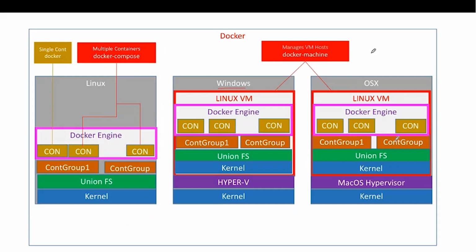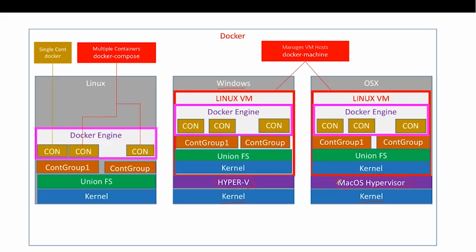Just like Linux, Windows and OS X both have a kernel, which handles all the managing of the resources below, hard drive, network, all the hardware, etc. But what Windows and OS X do, in order to use the containers, is essentially spin up a VM for that to work.